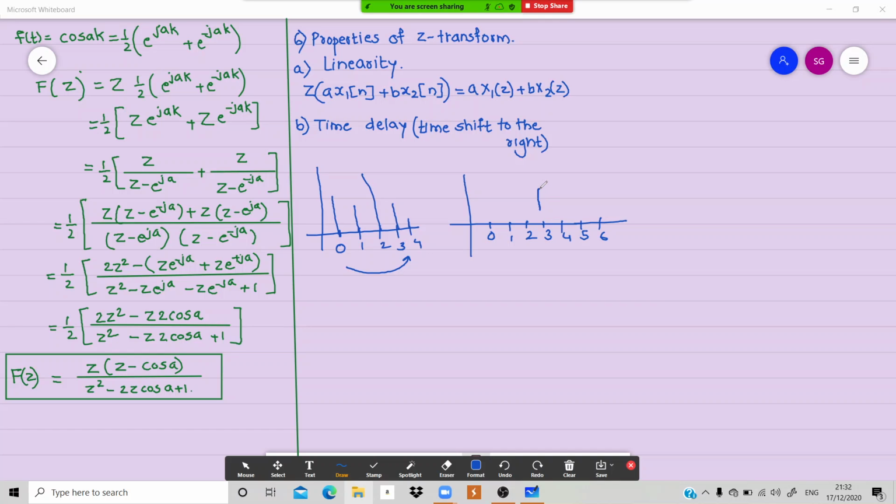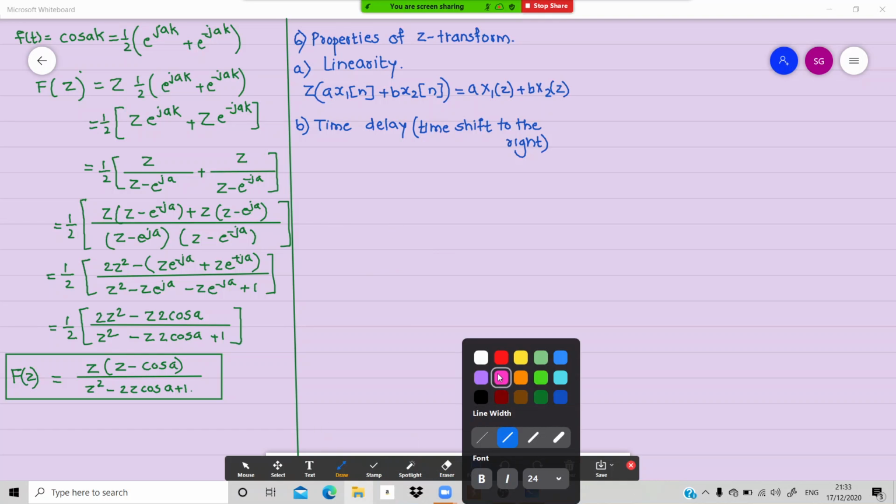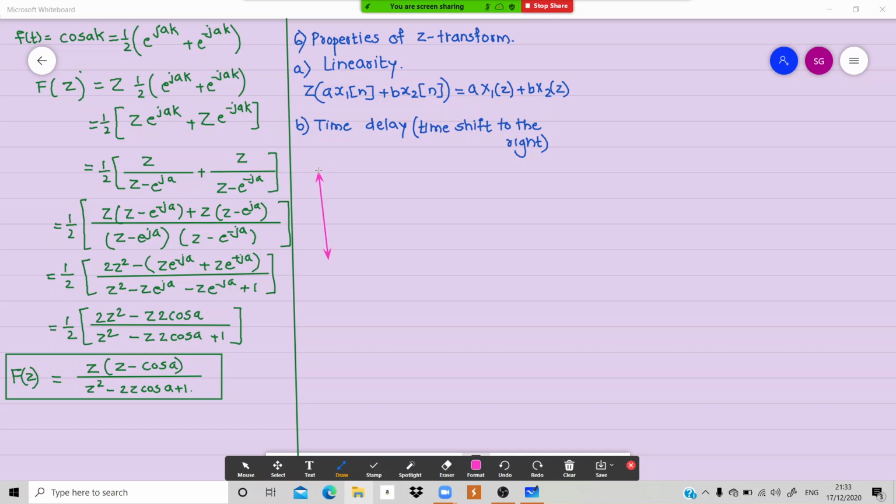So I'll try to draw. Should I draw it in fair? That will be better. You will have the data also instead of rubbing it afterwards. Within some amount of time, I'll draw it. So let us say this is your magnitude and this is the time axis. And now you are shifting it.